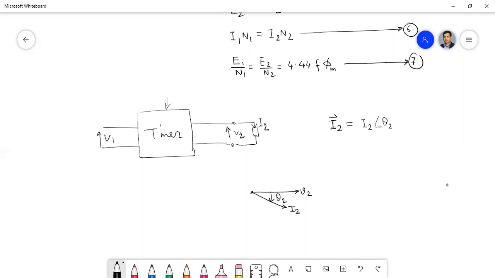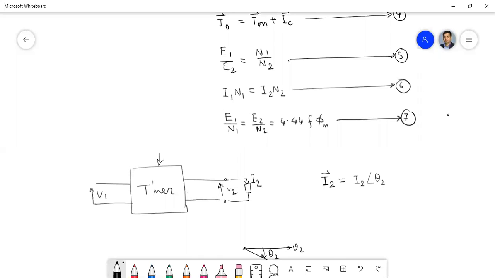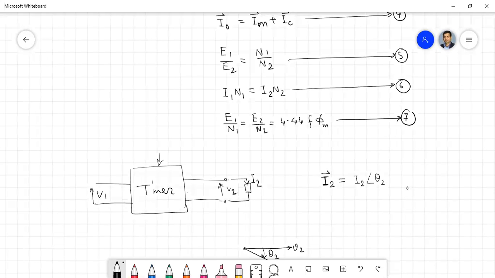So why are we starting from this side? Because we have several equations we have just written: two KVL, two KCL equations, two equations relating the magnetic circuits, and one very basic equation for EMF per turn. But why are we starting from equation 2? Because in equation 2 we have the independent variable, that is I2.